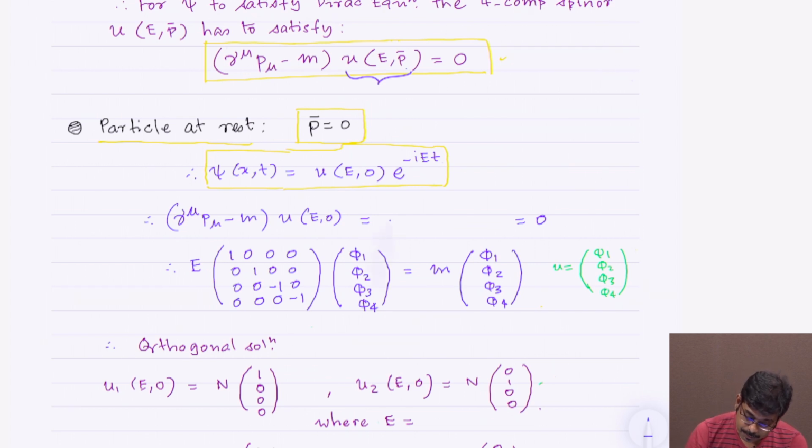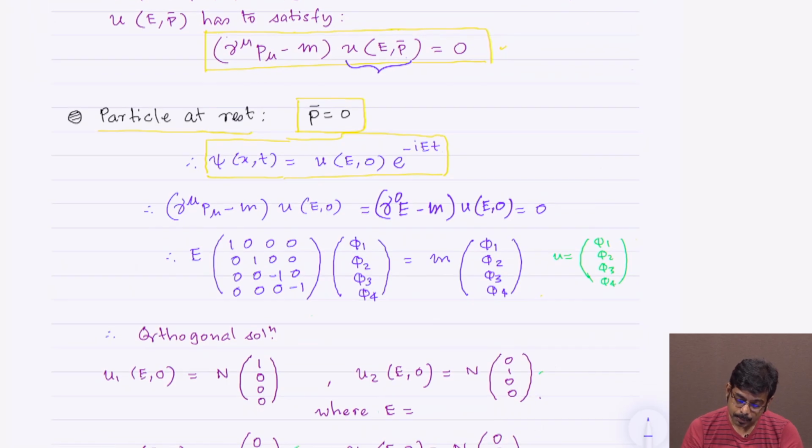So, this will be simply gamma 0 E minus m u e comma 0 is equal to 0. That is it, because the p vector part is gone. So, this gives you a very simple equation.